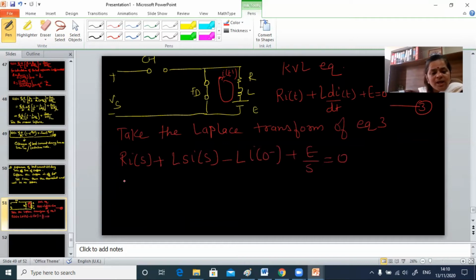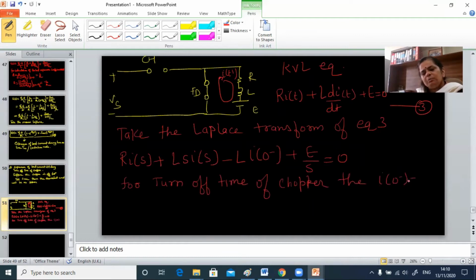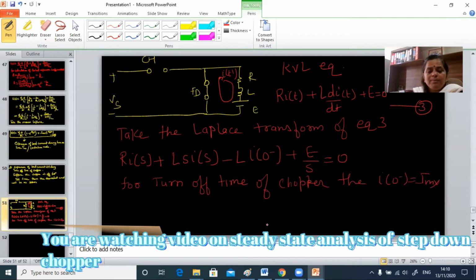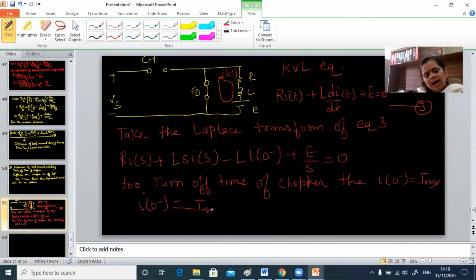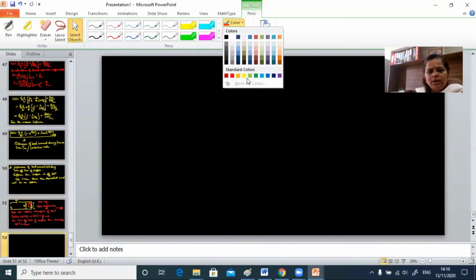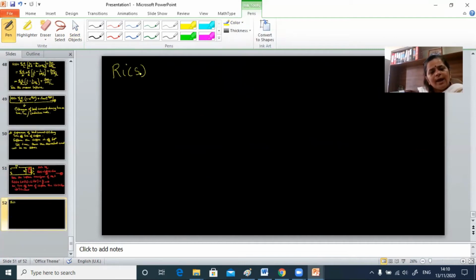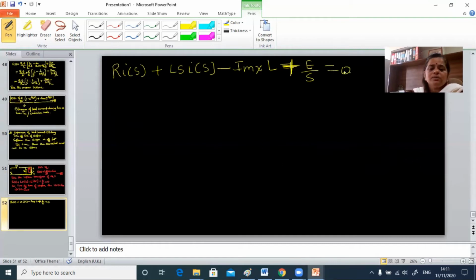Now what is I0 minus? For turn off time of chopper, the I0 minus will be equal to I max, that you can see from my previous video. So I0 minus, I can write I max. So if I write these values, R I(s) plus L s I(s) minus I max L plus E by S, that is equal to 0.